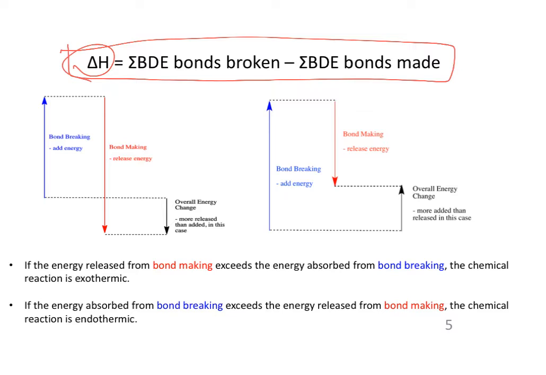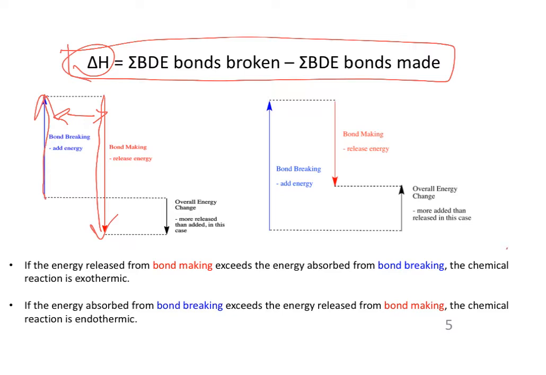I want you to look at the relative energy consumed in a reaction with bonds being broken, and compare that relatively to the energy that is released in bonds being made. Now you can see that when you compare these two energies, that's going to tell you overall whether the reaction is endothermic or exothermic.